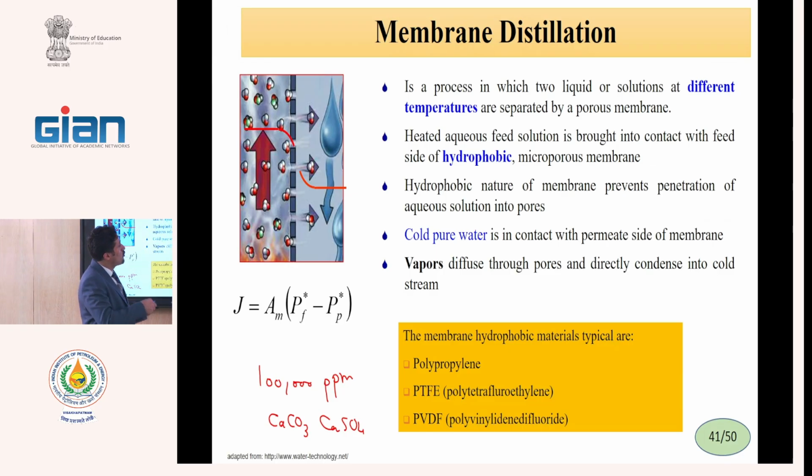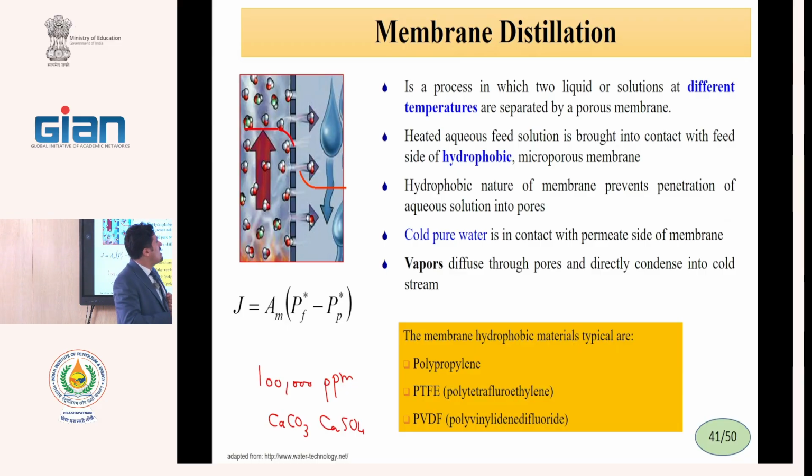We have a porous membrane, and we want vapor to pass, not liquid. We want vapor to pass, such as in pervaporation. In pervaporation, we have a non-porous membrane. In MD, we have a porous membrane. In both PV and MD, vapor will pass. We want only vapor to pass, not liquid.